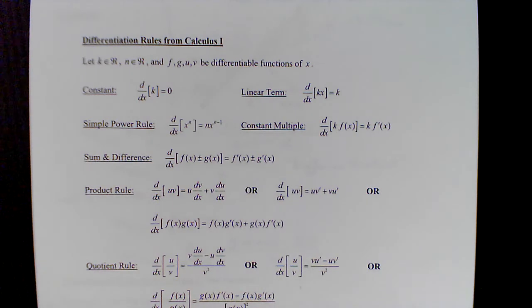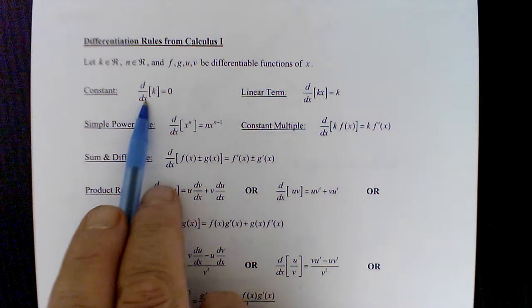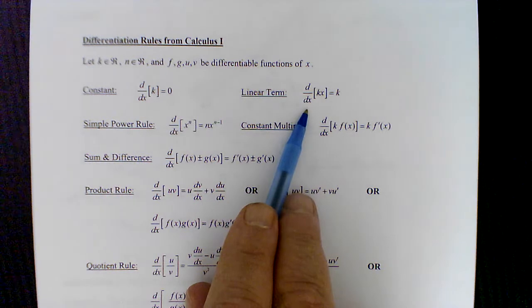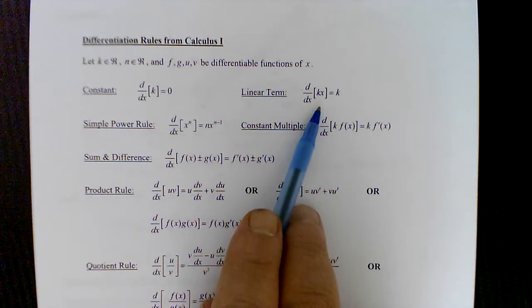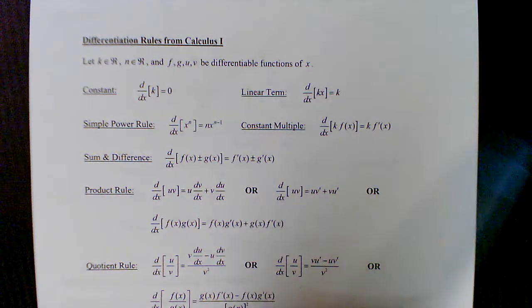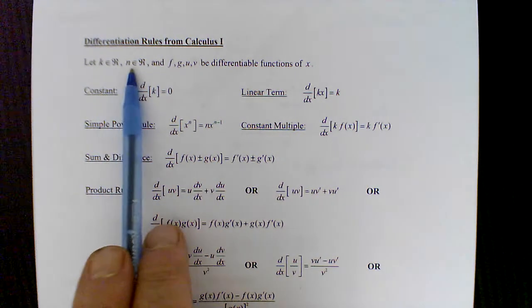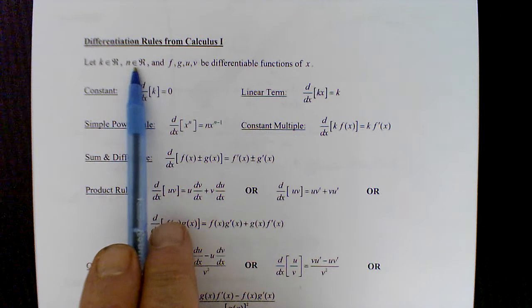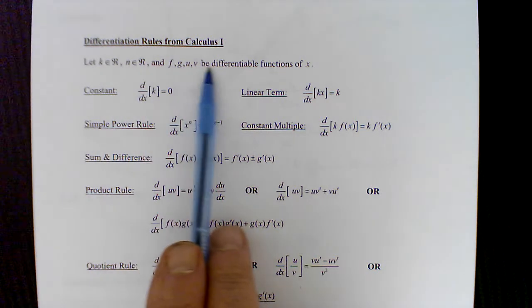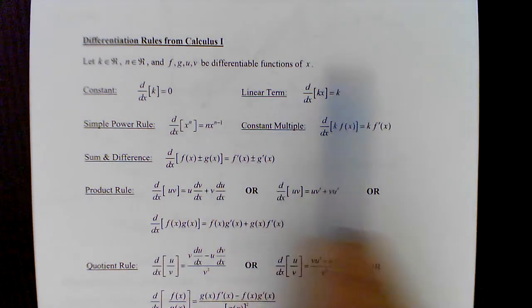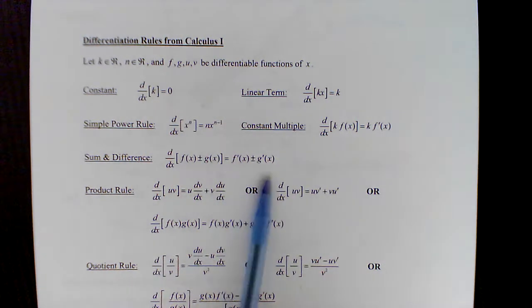And you can see how I've used that differential notation, that d/dx notation, to indicate these shortcut formulas. This is just some standard disclaimers. k is a real number, n is a real number, f, g, u, and v are differentiable functions of x. You could use f's and g's, u's and v's, whatever you prefer.